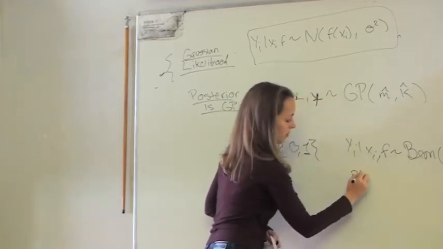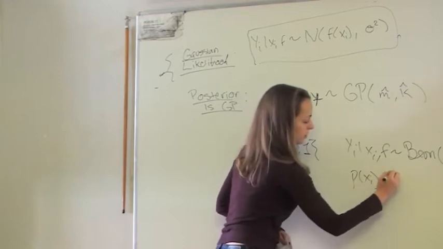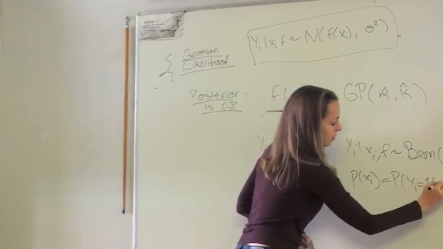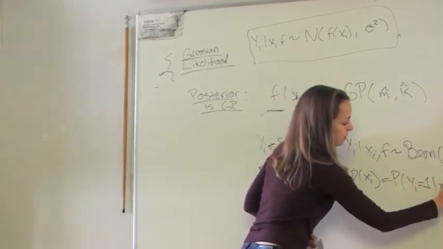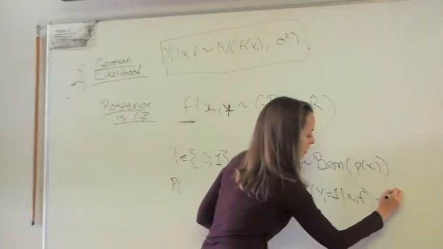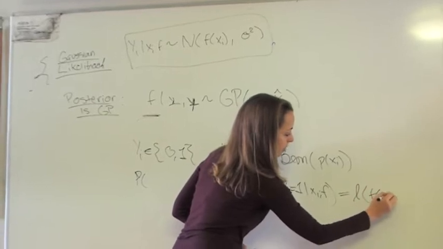One way we can model this probability, the probability y is equal to 1 given x and f, is to use some link function.